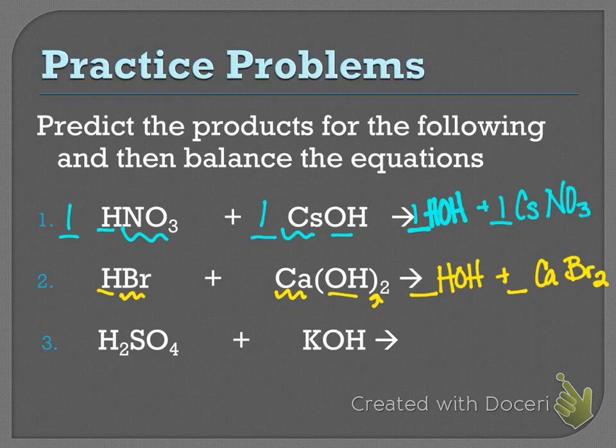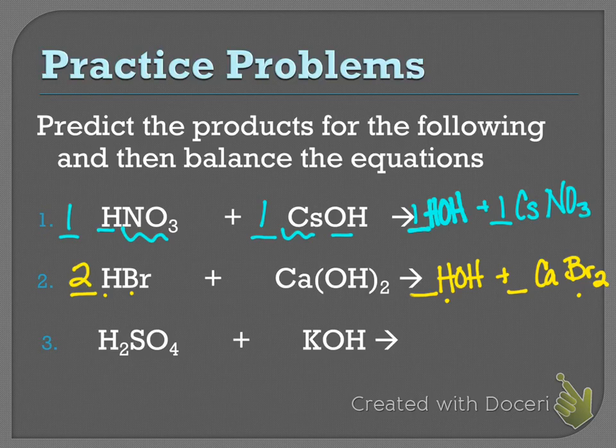Okay. And now we do need to balance this equation. So let's go through it systematically. So there's 1 hydrogen, 1 bromine. On the product side, there's 2. So I'm going to put a coefficient of 2 in front of the HBr.